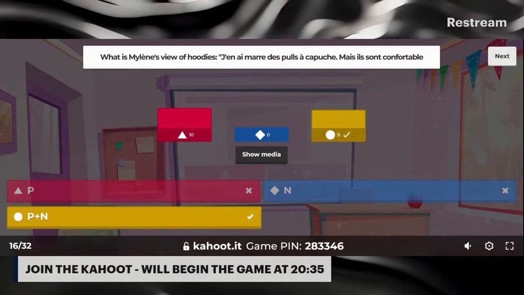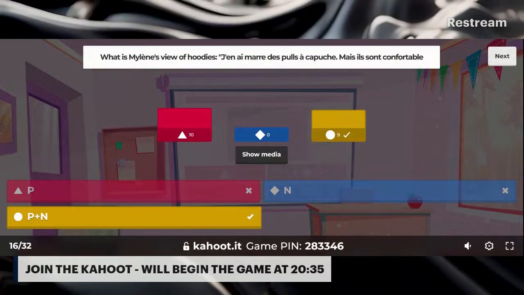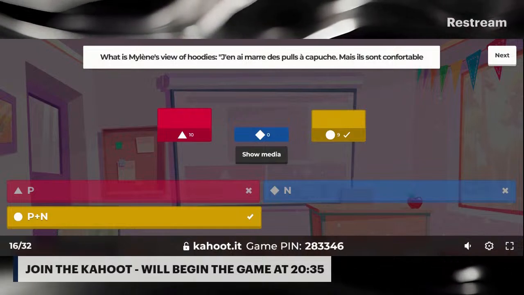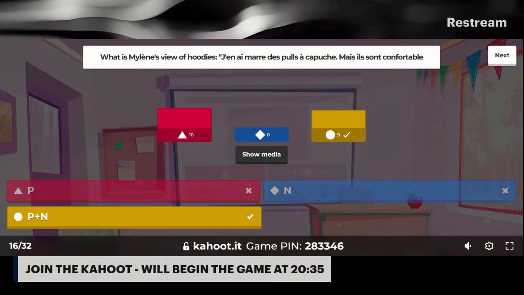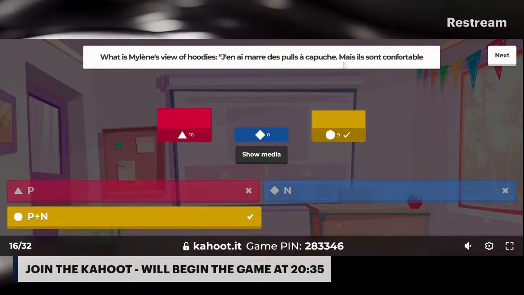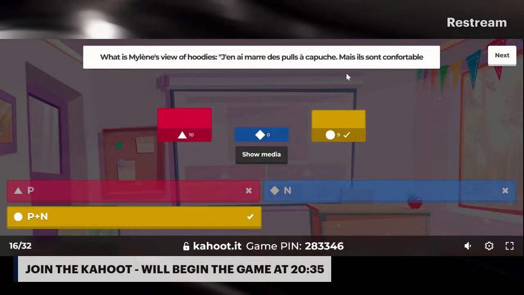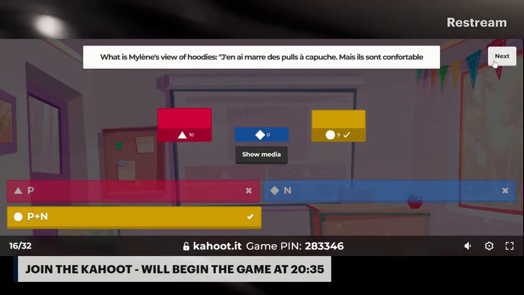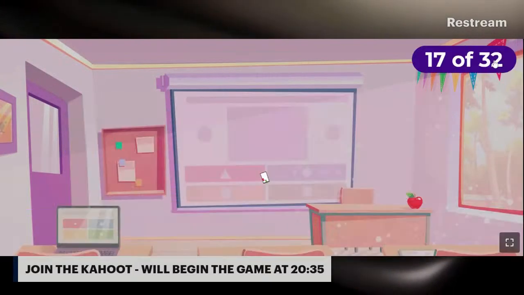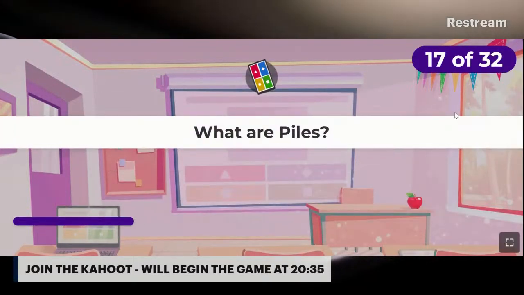The answer is positive and negative. So the j'en ai marre effectively means I've had it up to here with jumpers, but they are comfortable. Okay. We're midway through now.